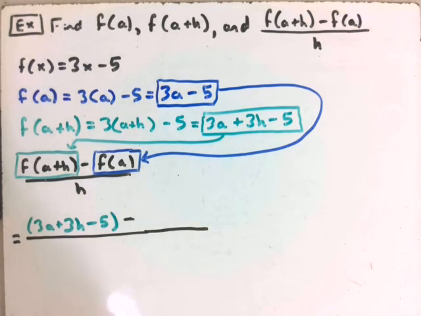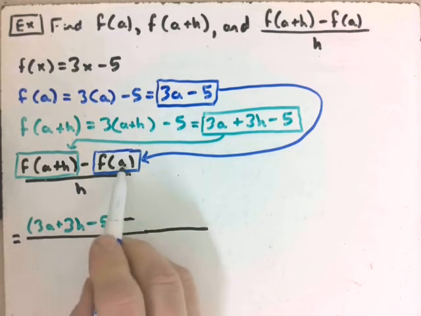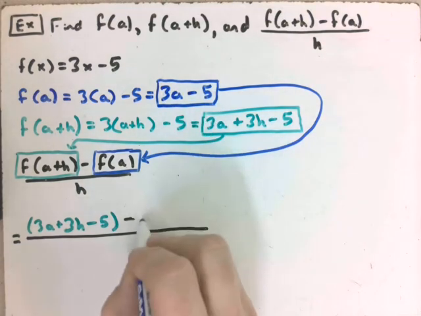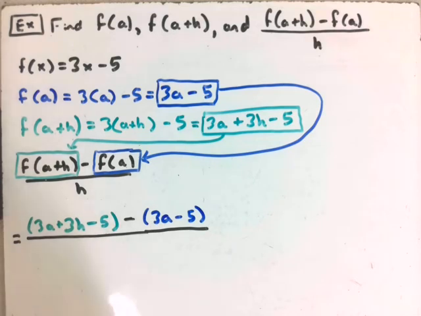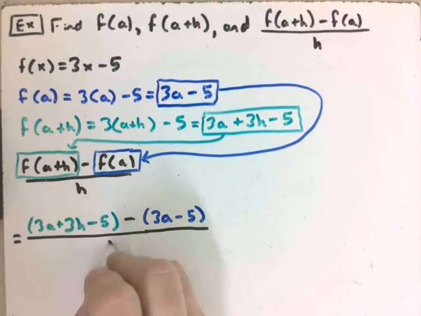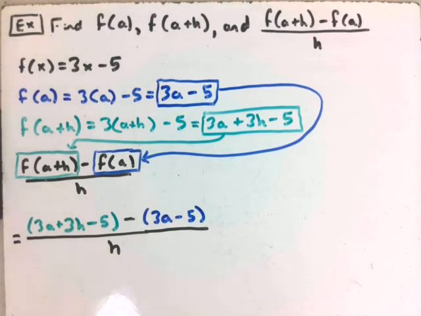And then after that we have f of a, which is this 3a minus 5. And all of that is over h. From here, we just need to get rid of parentheses, combine like terms, and simplify to come up with our final answer.